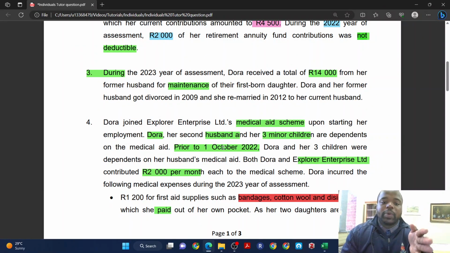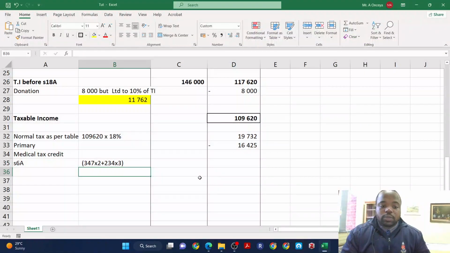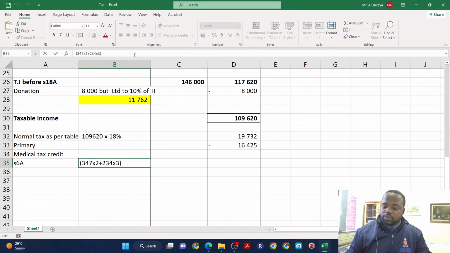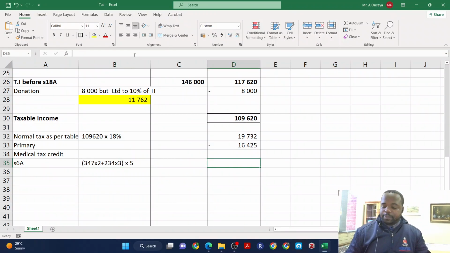And from 1 October, since they transferred to Dora's medical aid, and we are told Dora was the one now making their contributions, 2,000 rands each, backed by the other 2,000 by the employer, right? So she was paying, but only from 1st October. So October, November, December, Jan, Feb, 5 months. So you multiply by 5 here, and that's your 6A tax credit. Easy peasy, that one.